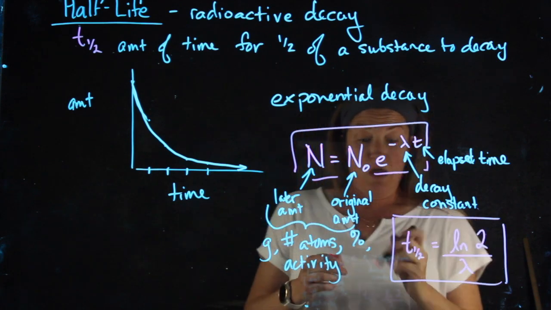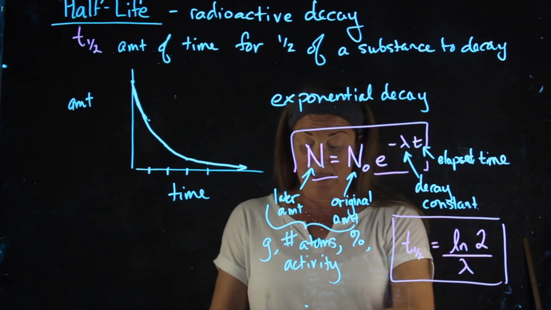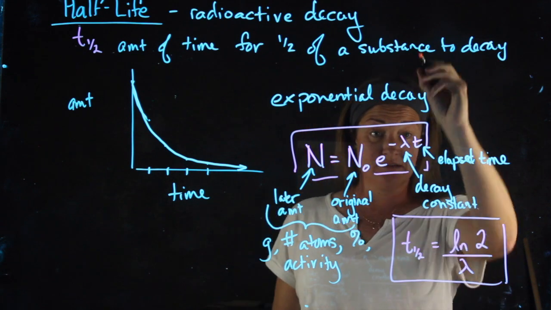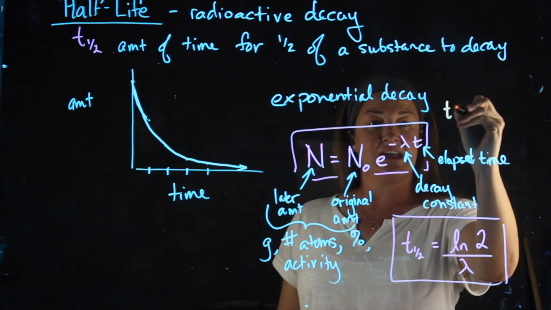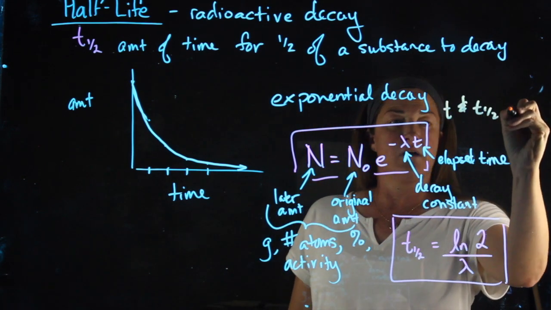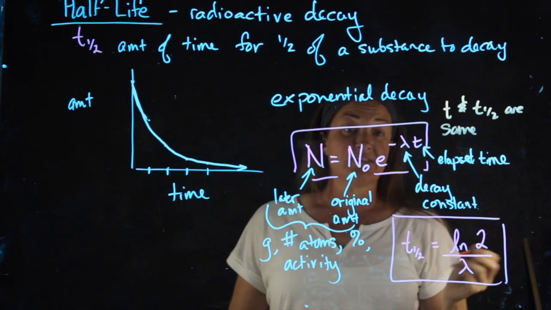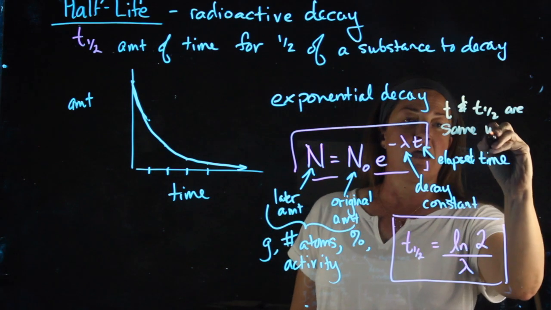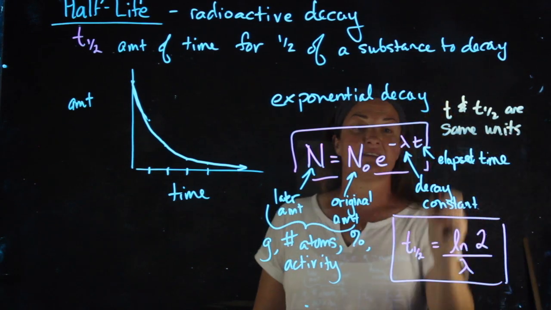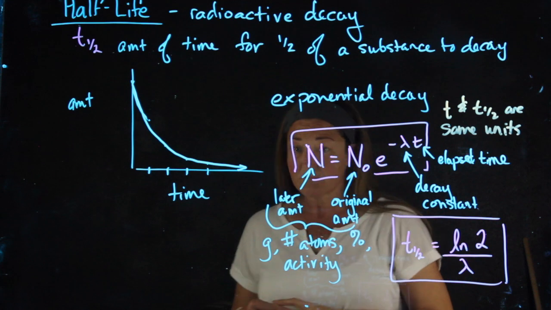Generally speaking, your half-life can be in any units for this type of problem as long as T and T 1/2 are in the same units. Meaning, if half-life is in years, elapsed time is in years. If half-life is in seconds, elapsed time is in seconds.